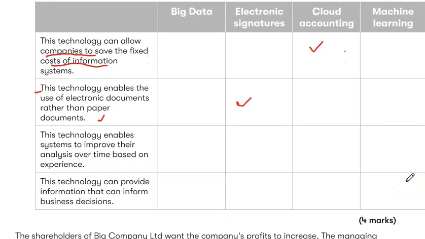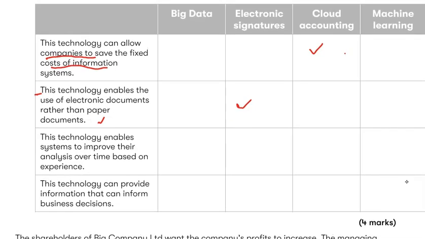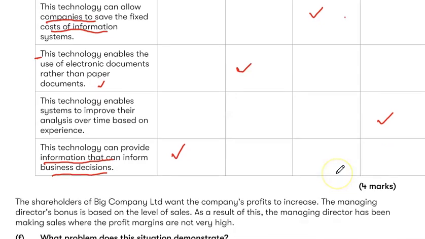So I will say it is machine learning. And the last one, this technology can provide information that can inform the business. So it will be big data. In the case of big data, they give you the direction, or we can say guidelines, about any trend in the market.